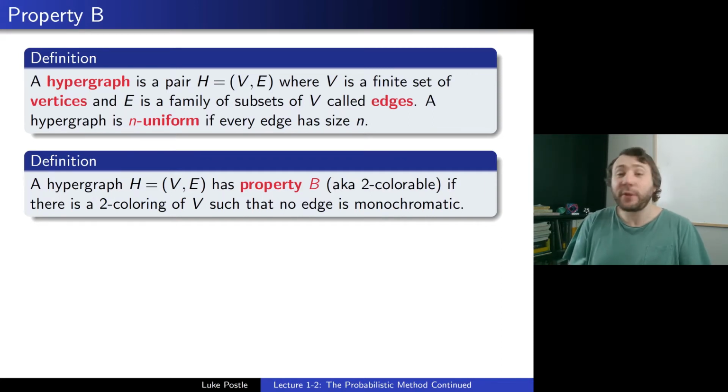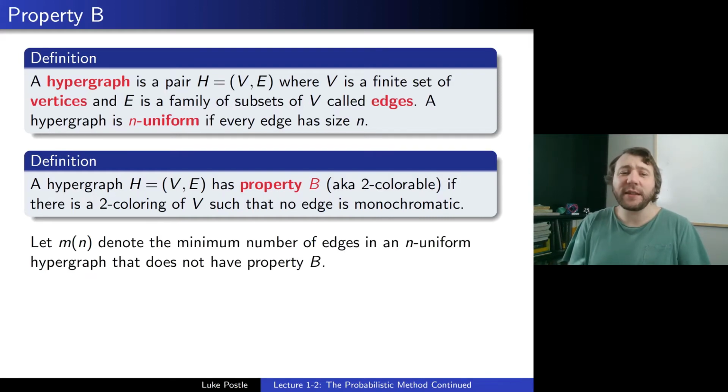So if we have 3 or more vertices, as long as 2 of them receive different colors, then this is what we mean by coloring. And so this is how we define coloring for hypergraphs. This particular idea of 2-coloring, somewhat analogous to bipartite for graphs, was called property B historically.